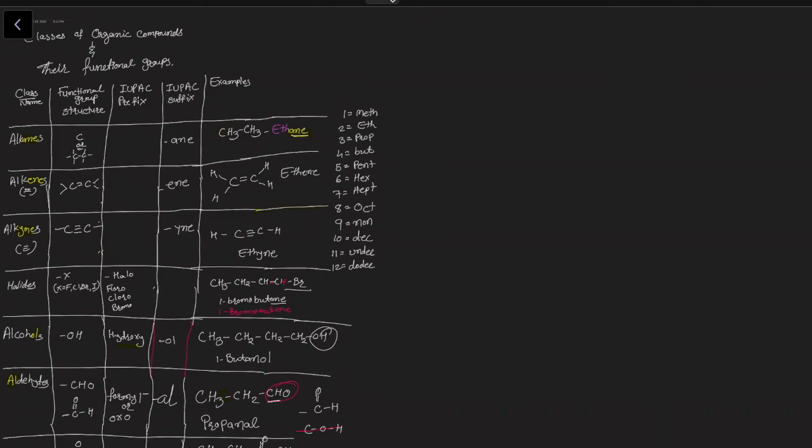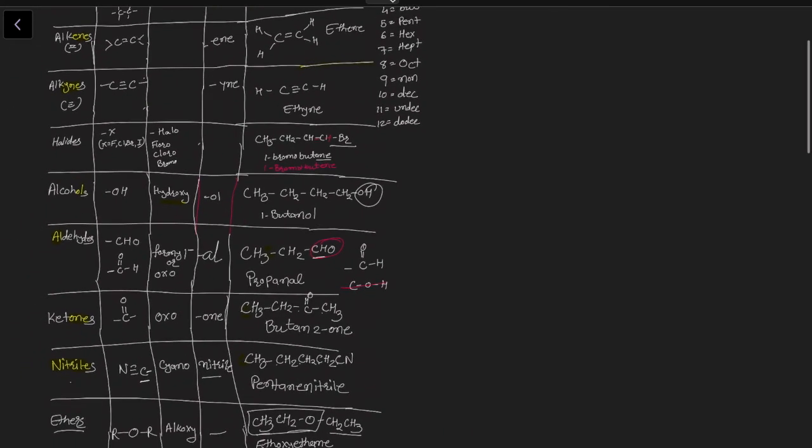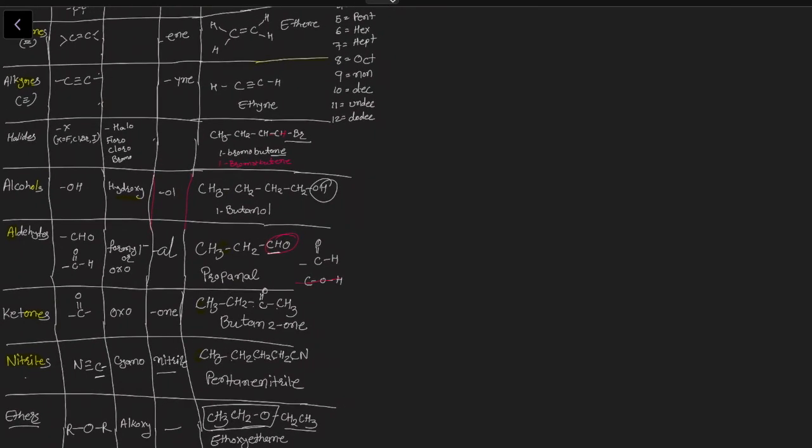It's carbon-carbon double bonds. Alkynes, carbon-carbon triple bonds. Suffix is yne. Halides are represented by X. You can replace X with chlorine, bromine, iodine, or fluorine. And then it has a prefix halo, so chloro, fluoro, bromo, iodo, like that.